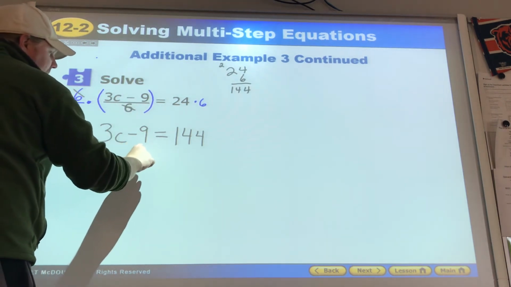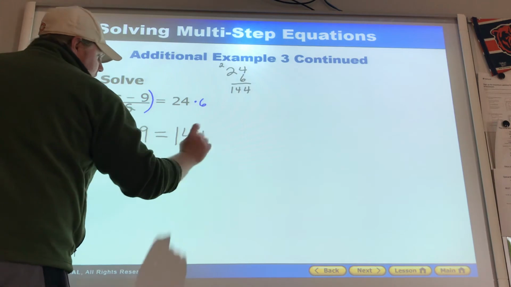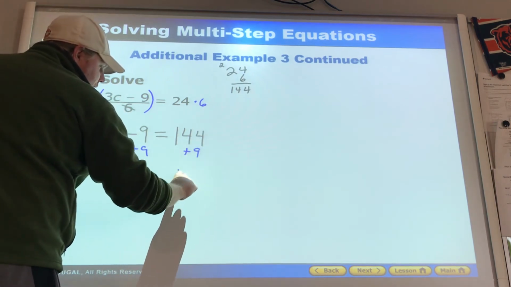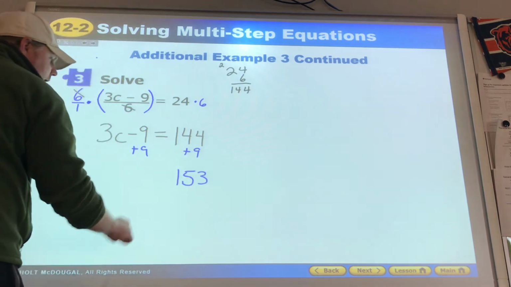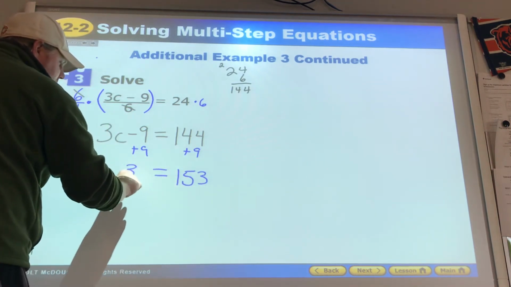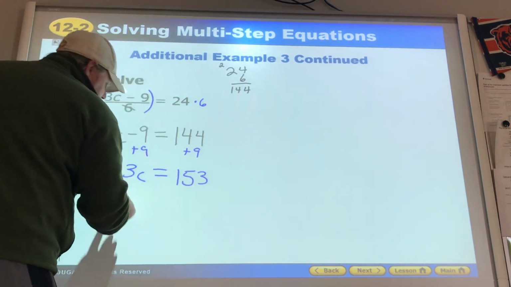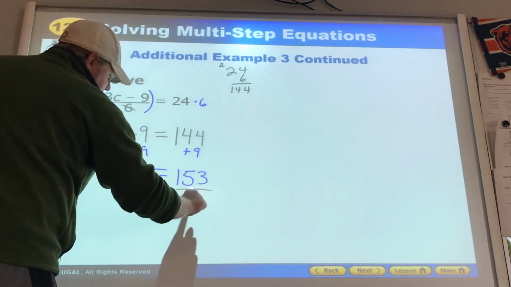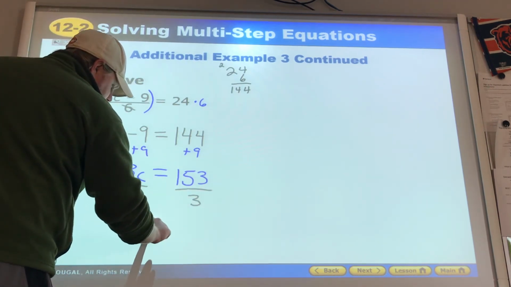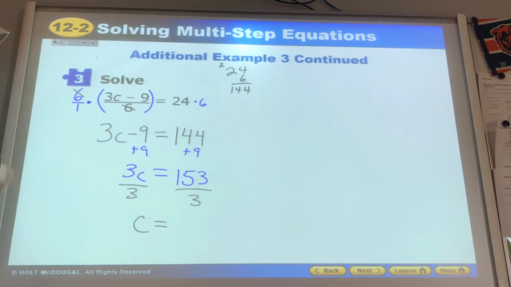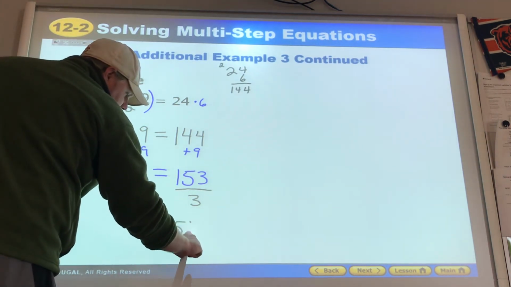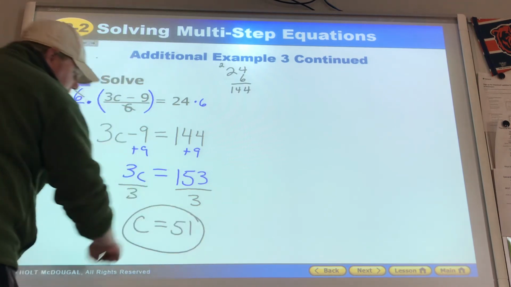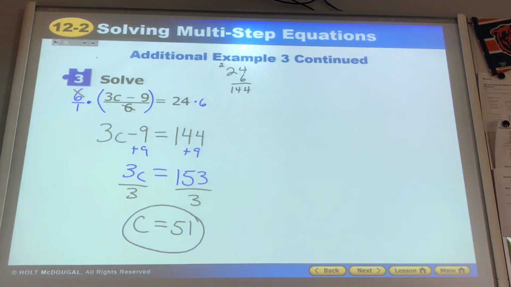All right, we're going to add 9, add 9. All right, so we have 153 equals 3c. Divide by 3, divide by 3. Okay, we put that in there, and that would be 51 cards for Hillary. Okay?